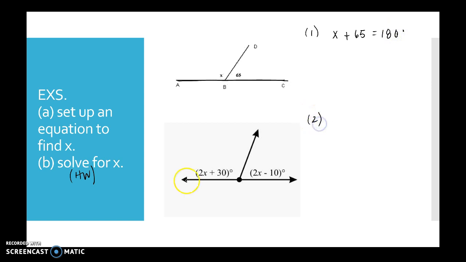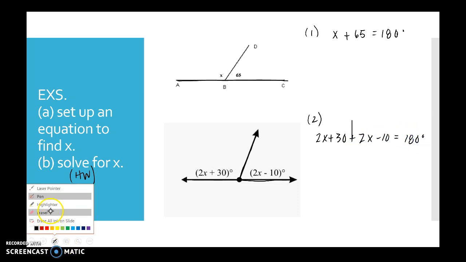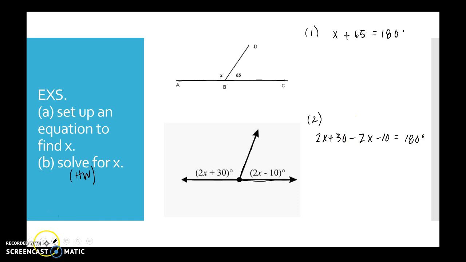For the second one, these angles aren't marked with letters, but I know they're adjacent, and together they form a straight angle. So 2x plus 30 plus 2x minus 10, those two angles are going to sum to 180 degrees. Okay, please complete those for homework and we'll check them in class.